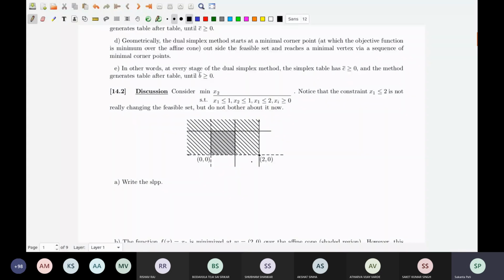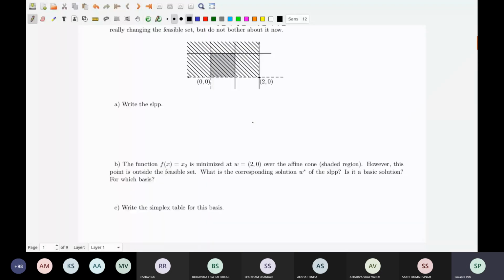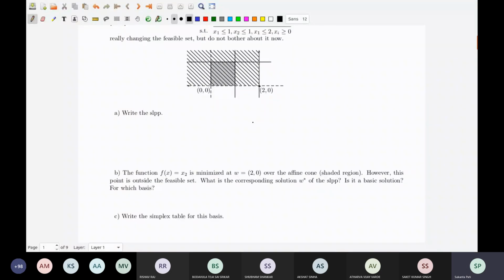Okay, so for example, here you write the SLPP. I think writing down the SLPP is not at all a problem. I will rather do the simplex table for this basis. So writing down the SLPP: x1 less than 1, x2 less than 1. Let me write down. BV x1, x2, x3, x4, x5, and then b bar.